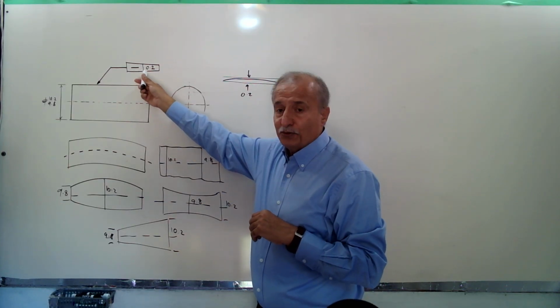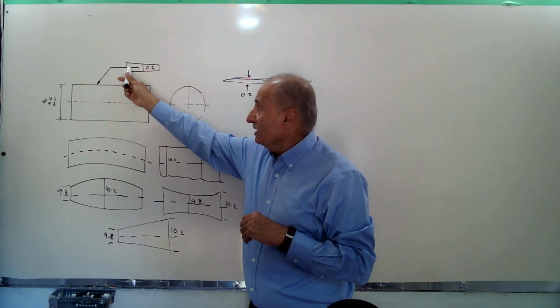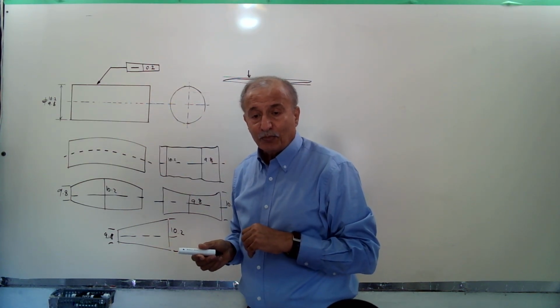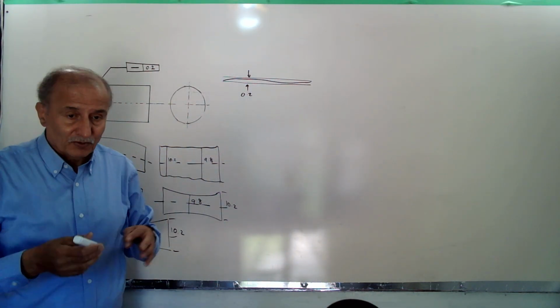This feature control frame is composed of two compartments, and this leader says what it applies to. Here it applies to a feature, only a surface.